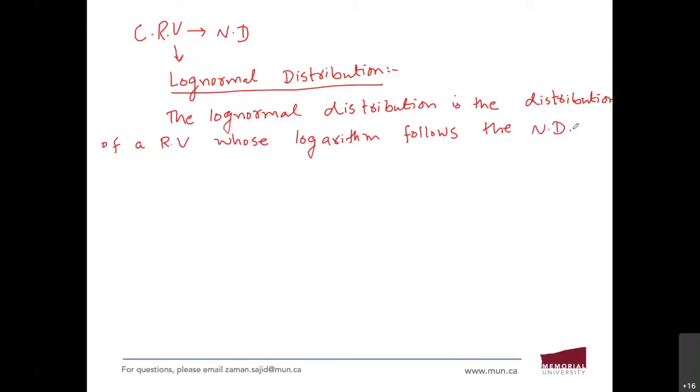So log normal distribution is basically a distribution of a random variable whose log follows the normal distribution.